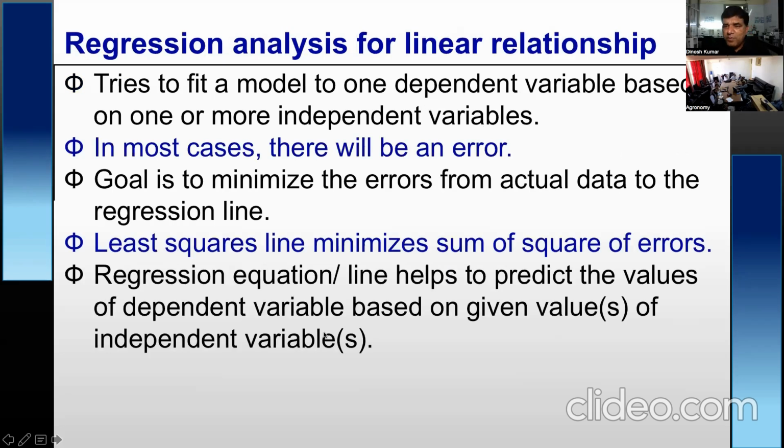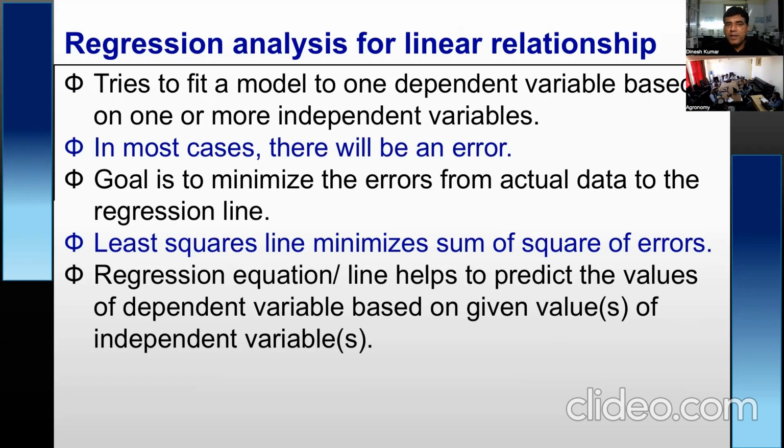Now we will go for regression analysis for linear relationship. Here, regression analysis for linear relationship means we are going to find out the equation. We are going to fit the equation based upon the data. That is the meaning. Or we are going to find out the numerical relation between x and y.